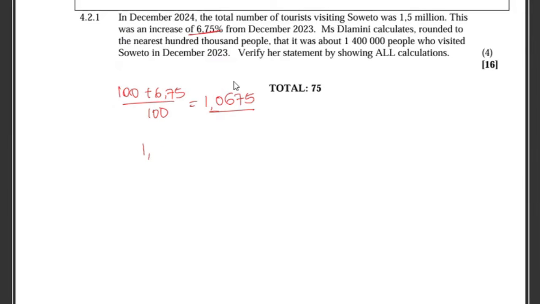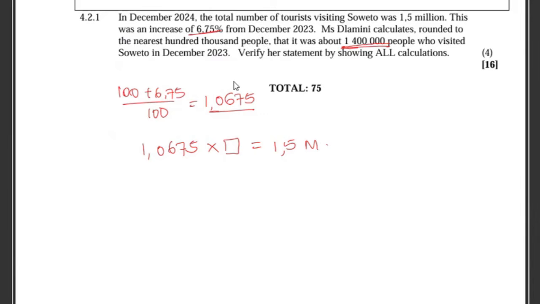So meaning there's a certain number that increased by that much, and they got the answer as 1.5 million. They're asking us to verify the statement. So it's 6 from December. We need to calculate and get it. We need to know how much it was before, saying to the nearest, and she claims that it was this much. So what are we going to do?